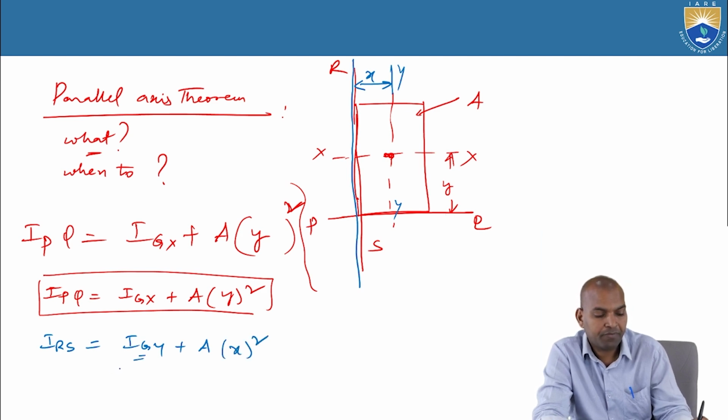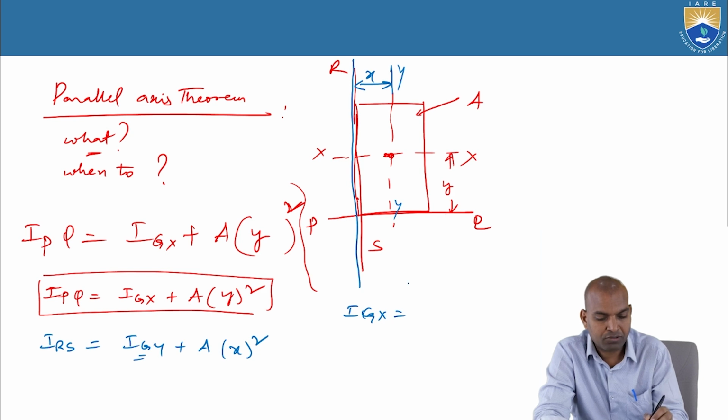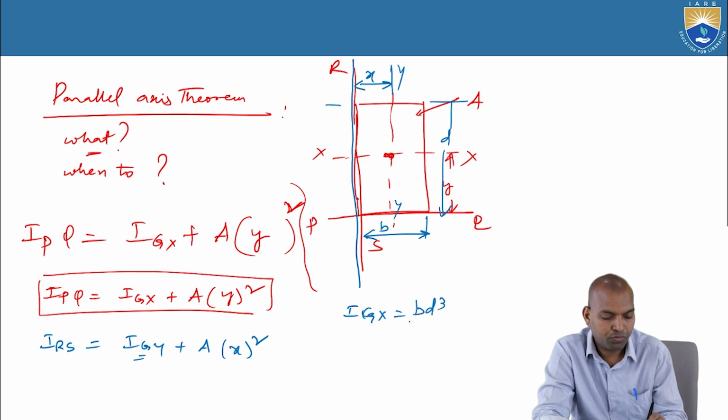What are IGX and IGY? IGX refers to the centroid, the moment of inertia of the individual section parallel to axis XX. If this rectangular section has depth D and width B, IGX equals B D cubed by 12, and IGY equals D B cubed by 12.